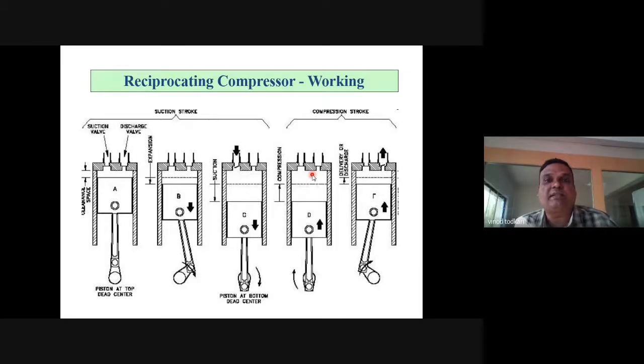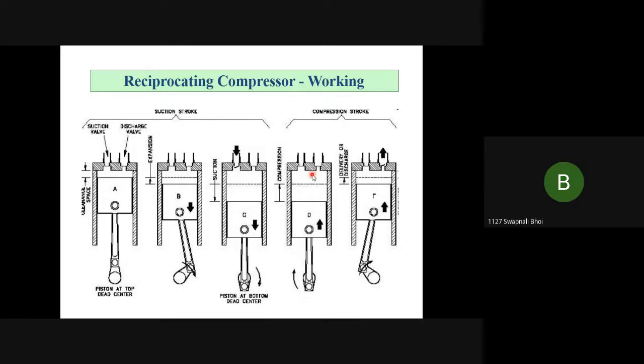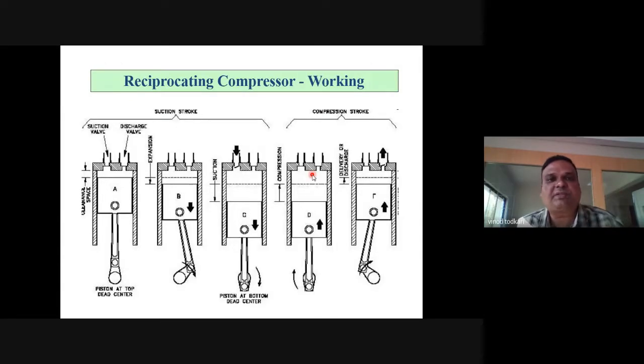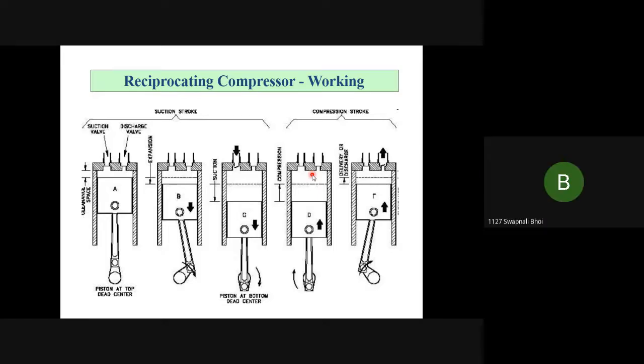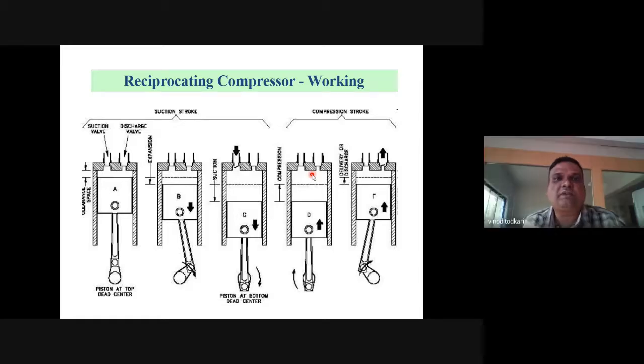So what happens in the compression stroke? The piston moves from BDC to TDC. Excellent. And why is it called compression? Because the volume of air decreases.